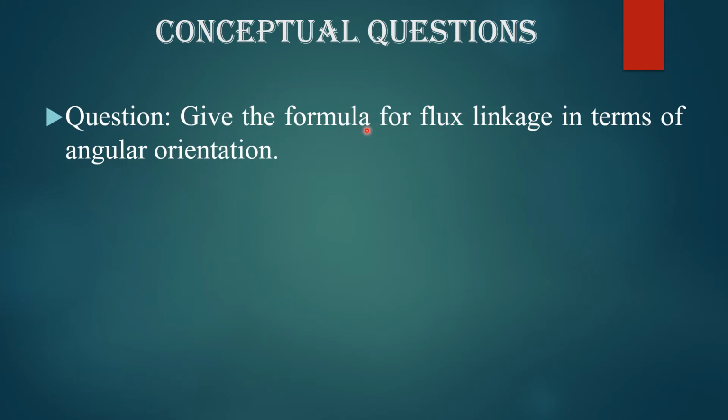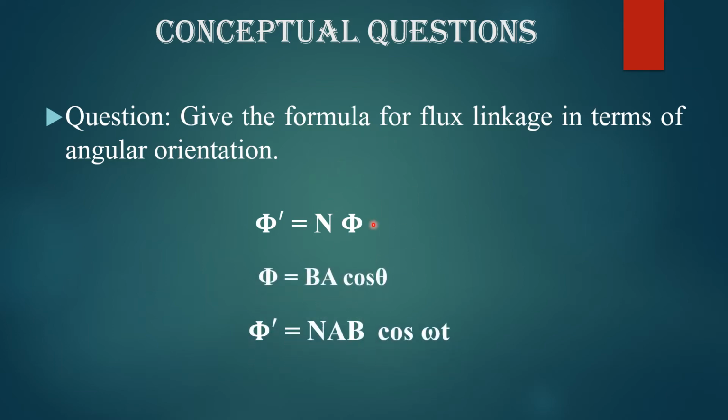Question: Give the formula for flux linkage in terms of angular orientation. As we know, flux linkage equals N, the number of turns of the coil, times phi, the flux, and phi equals BA cos theta. Theta is angular displacement, omega is angular velocity, so theta equals omega t.